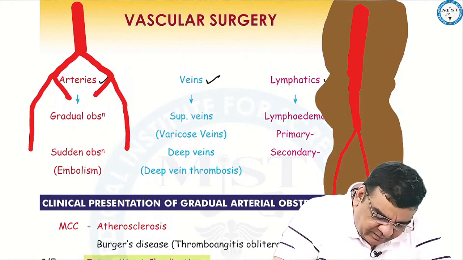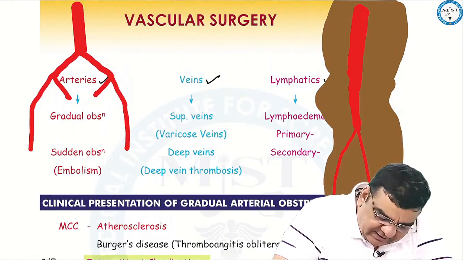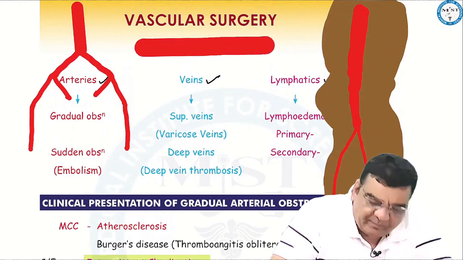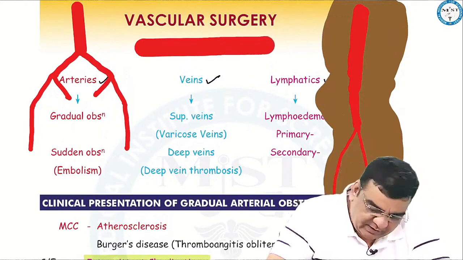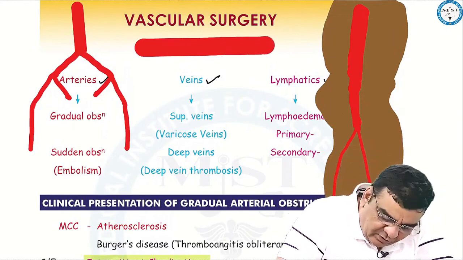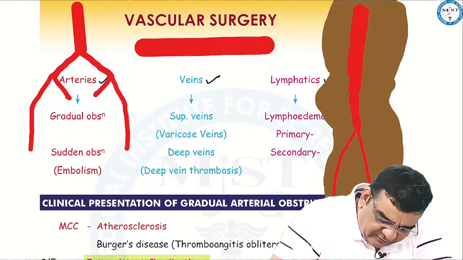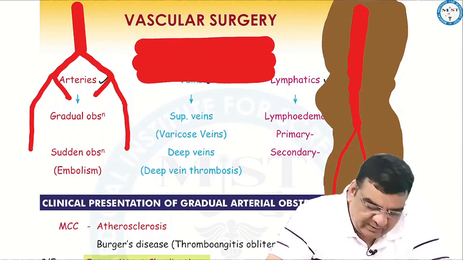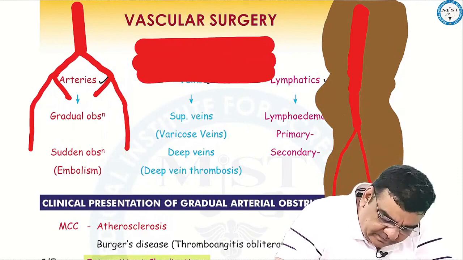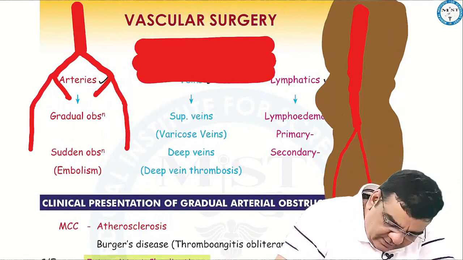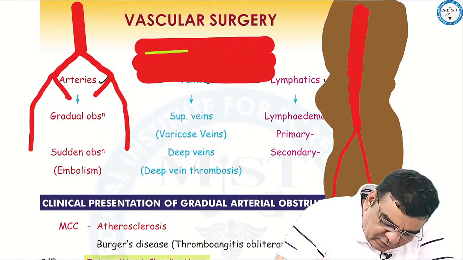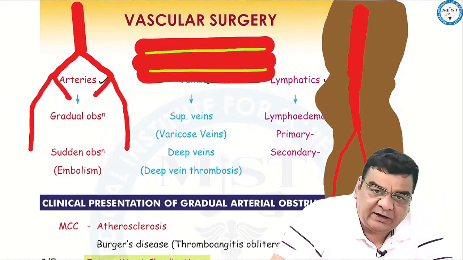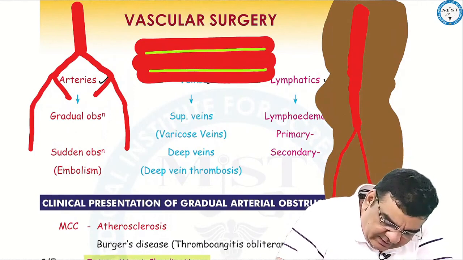For this, let us try to understand the anatomy of the artery. Suppose this is the artery. We know that God has given different layers in the artery. Suppose this hole is the artery. This is the innermost layer of the artery, which we call the intima.